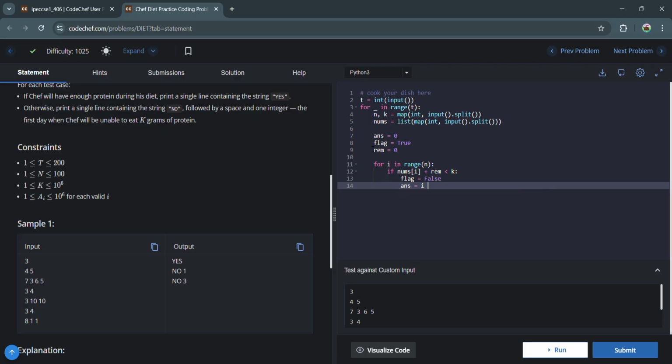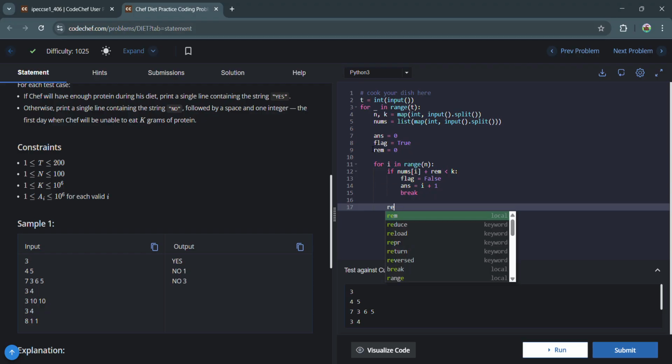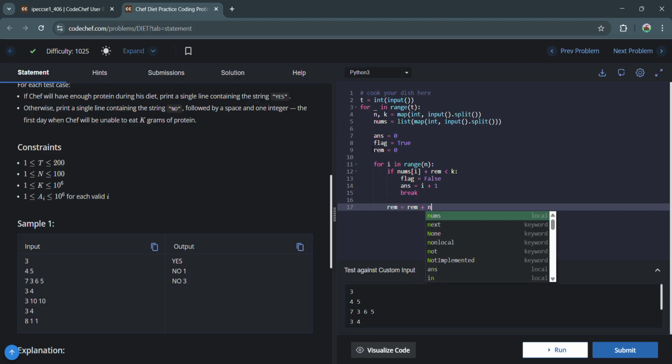Store our answer as i plus 1 because i is basically starting from the 0th index, and we can break our loop at that point. If this condition is false, then the remaining protein becomes remaining plus the current protein for that day minus K.